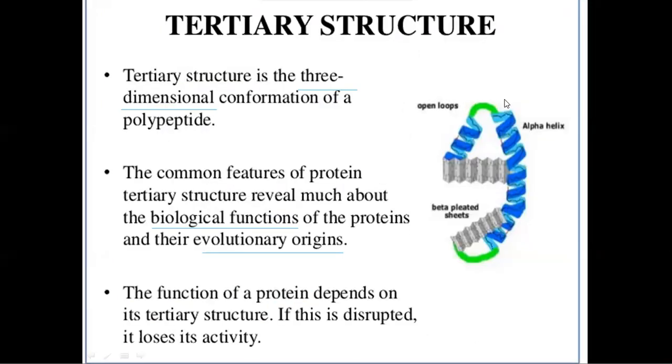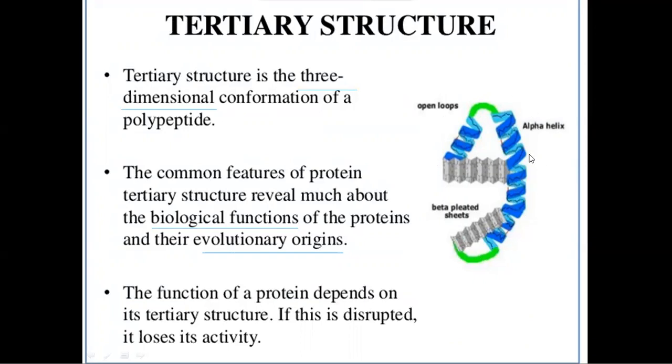And the third one is tertiary structures, which are also called three-dimensional conformations. These tertiary structures have alpha helix structures and beta pleated sheets, and these three-dimensional tertiary structures are useful for the biological functions of the proteins.